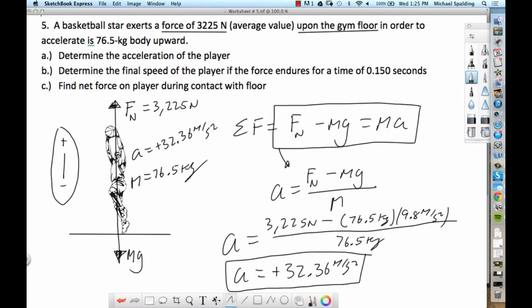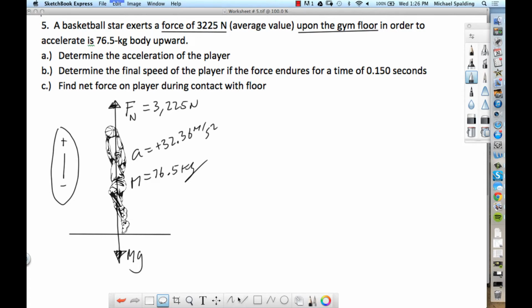Okay, part B. So can I erase this? Part B is a kinematics problem. We're told that the time of contact between him and the floor during his jump is 0.15 seconds.